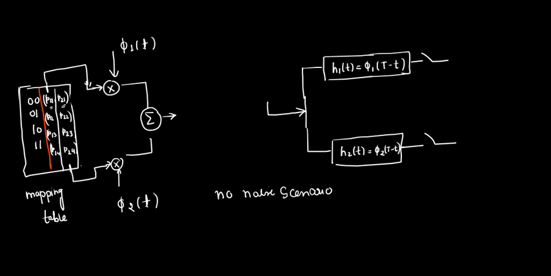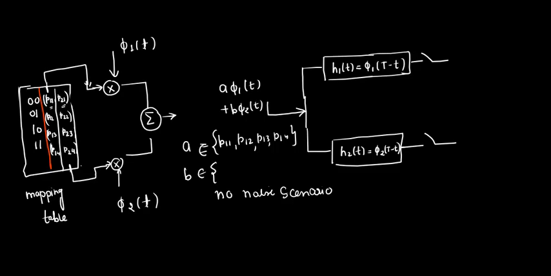Here you will get A phi 1 t plus B phi 2 t, right, where A can be P11, P12, P13 or P14. A can come from this and B can be anything, or you can say that A comma B can be any of these 4, right? Yes or no?